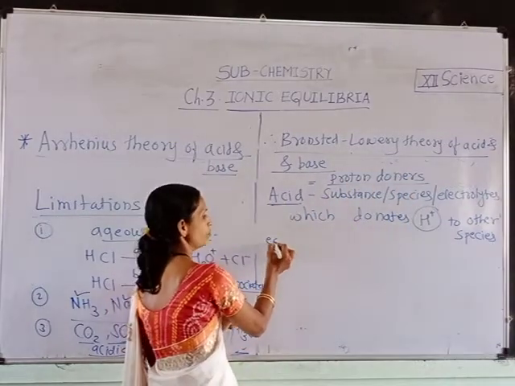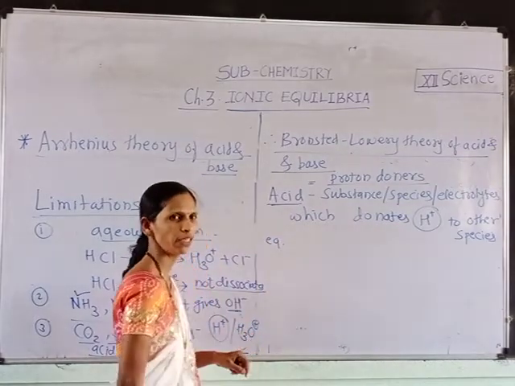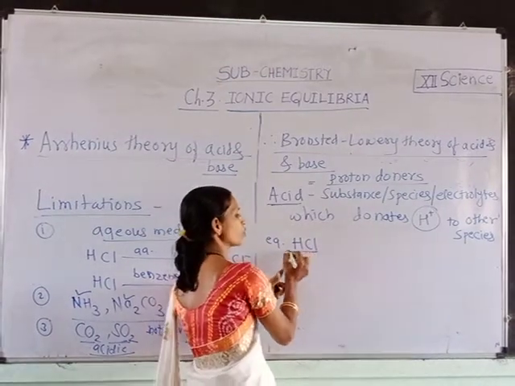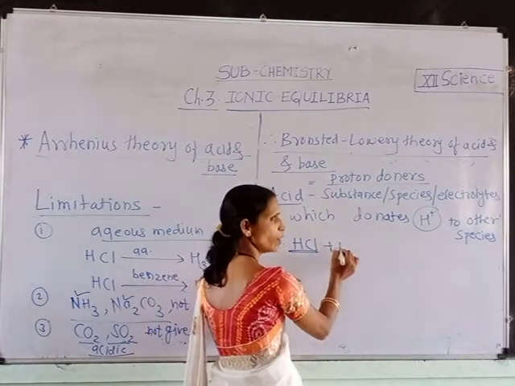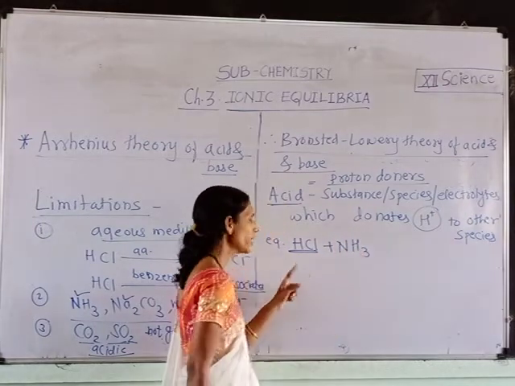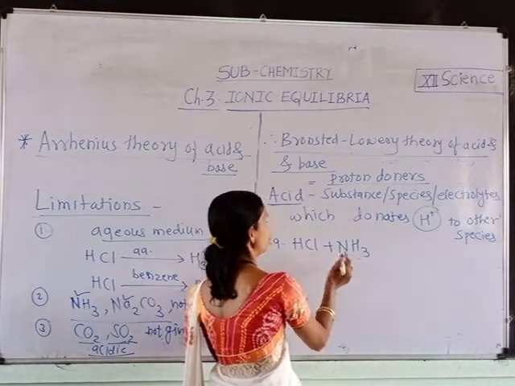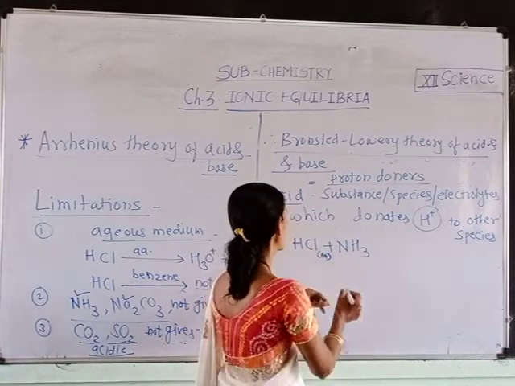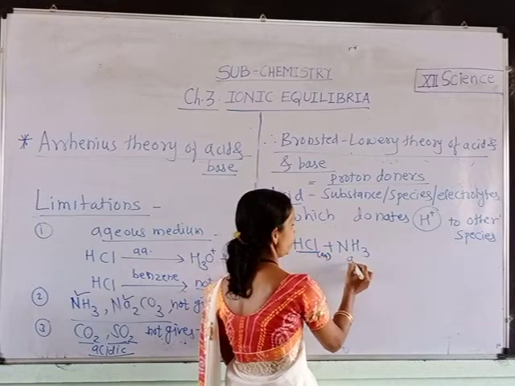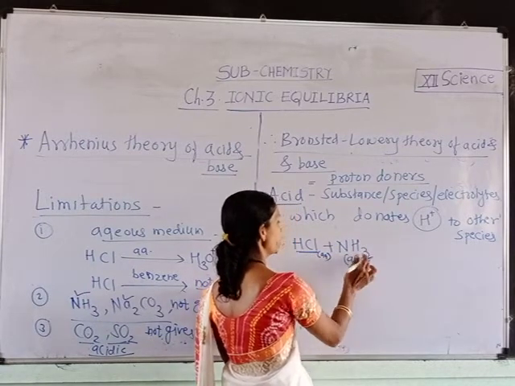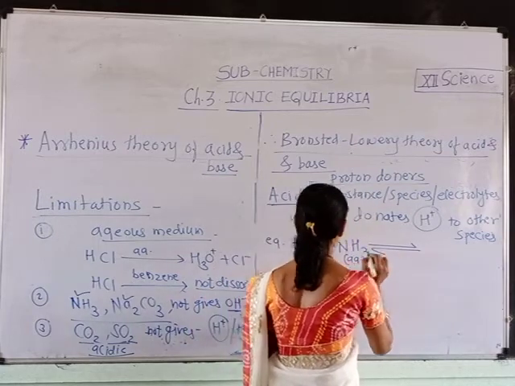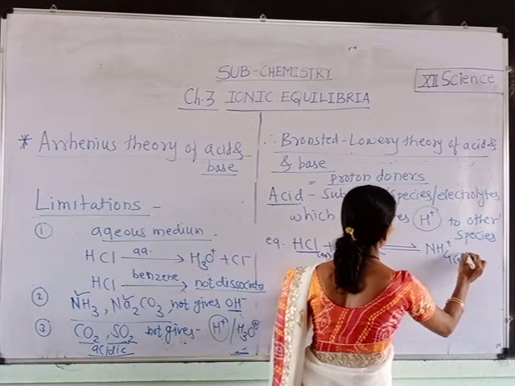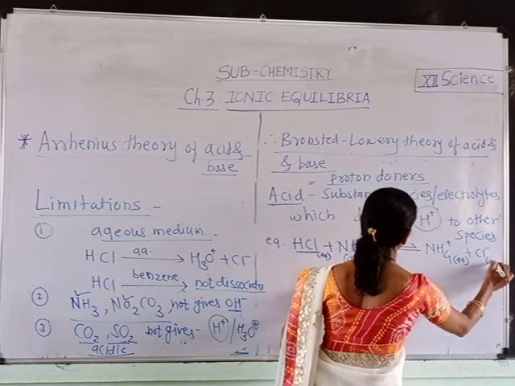For example, see here HCl, which donates a proton to ammonia. Here the aqueous solution of HCl and the aqueous solution of ammonia give NH4 plus Cl minus.